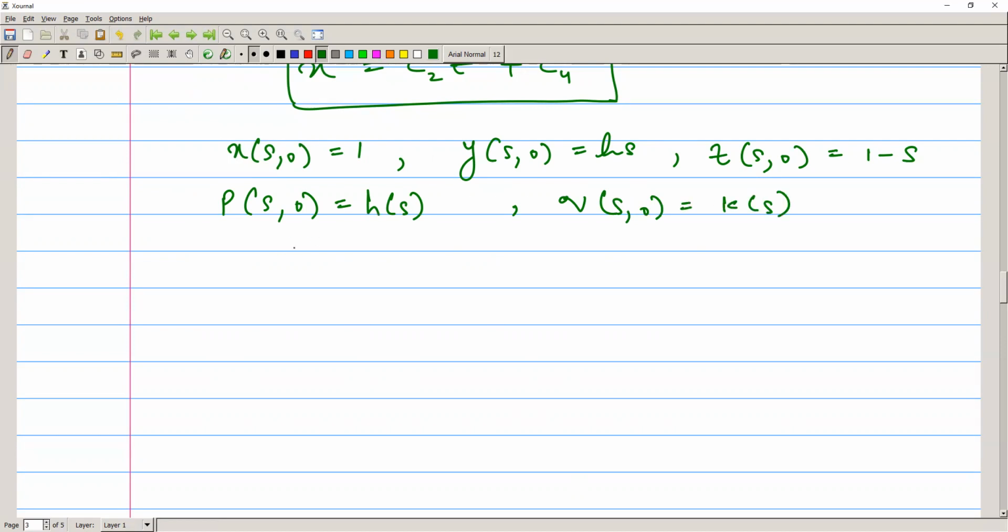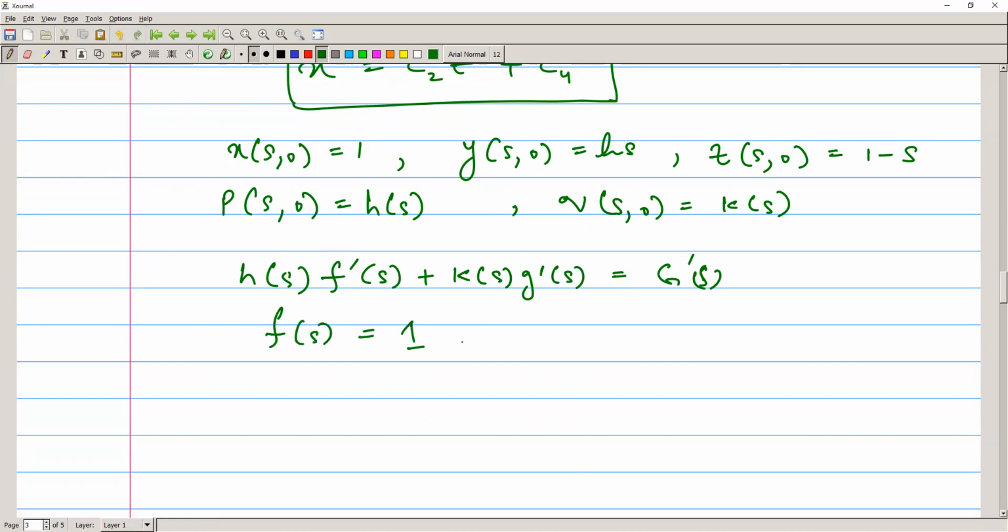So now we will solve it using some given equations. We know that h of s times f prime of s plus k of s times g prime of s is equal to capital G prime of s, where f of s is just the condition for x, that is equal to 1, and g of s is the condition for y, that is ln s, and capital G of s is equal to 1 minus s.